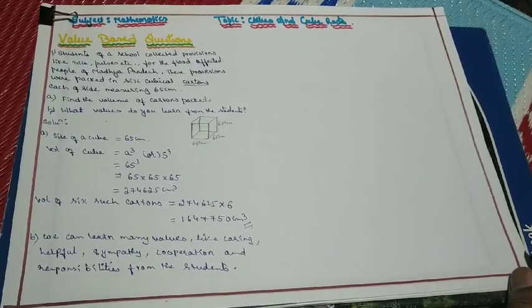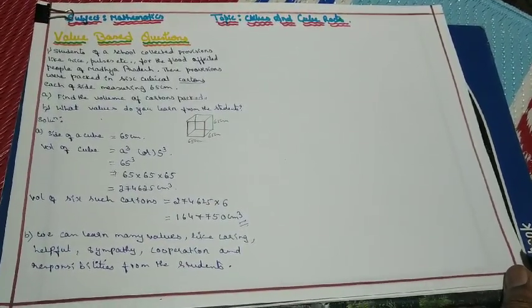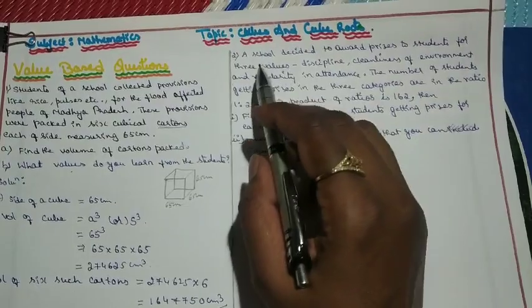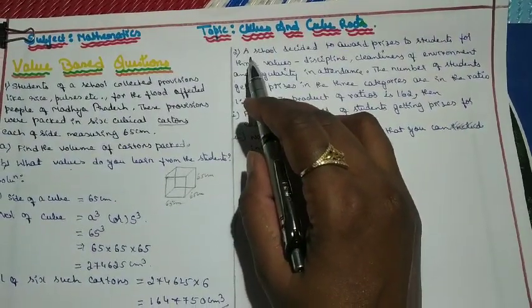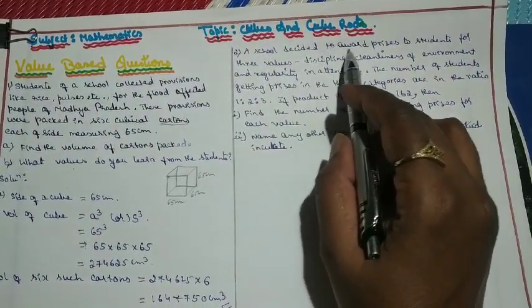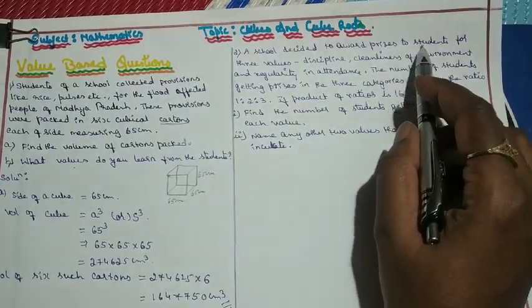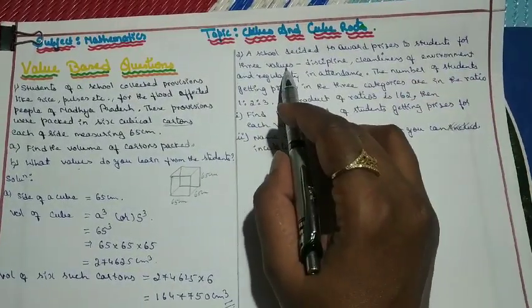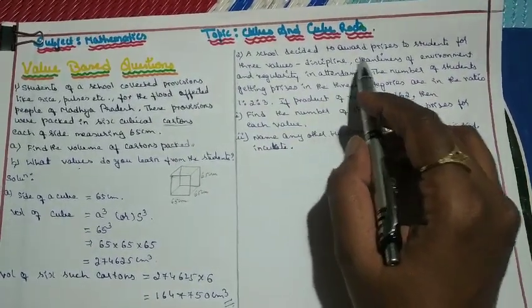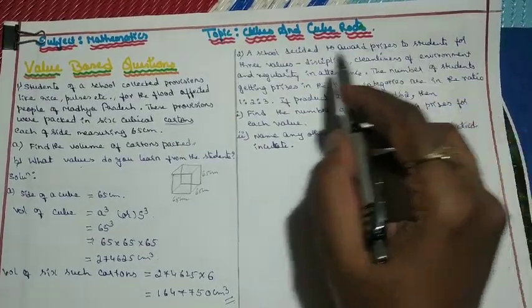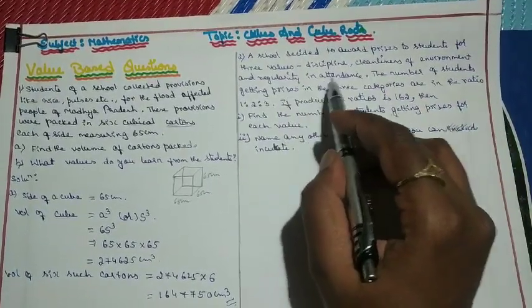Hope it's clear, children. Now let me move to second question. Question is given like this. A school decided to award prizes to students for 3 values, that is discipline, cleanliness of environment and regularity in attendance.